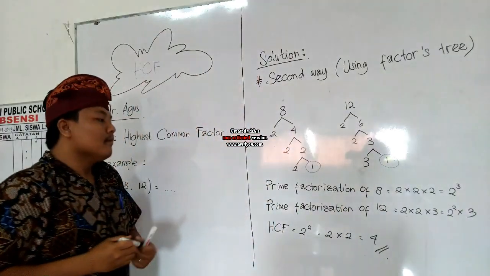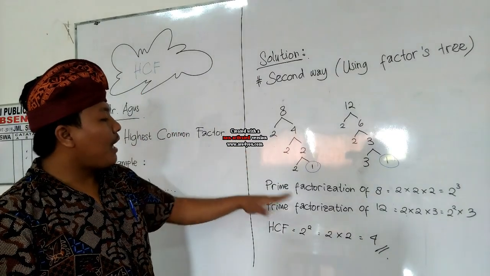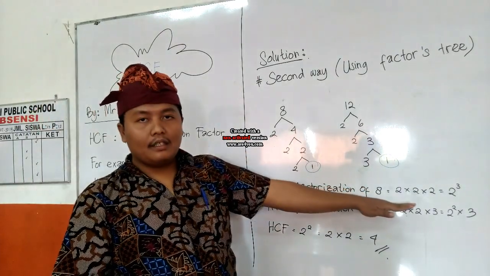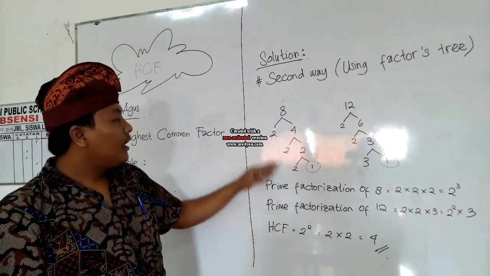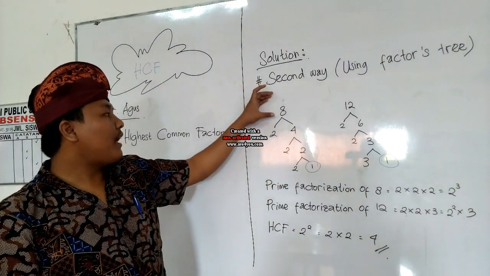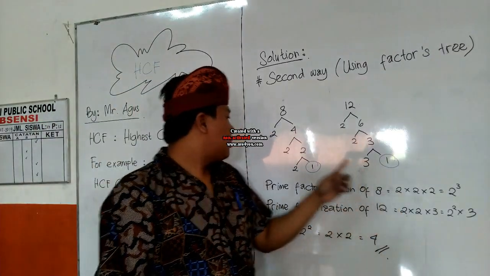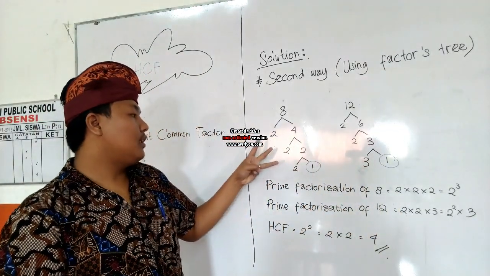And then, after that, you can get the prime factorization of 8. The prime factorization of 8 is the prime numbers that you used to divide 8 down to 1. So, there are three 2's here.